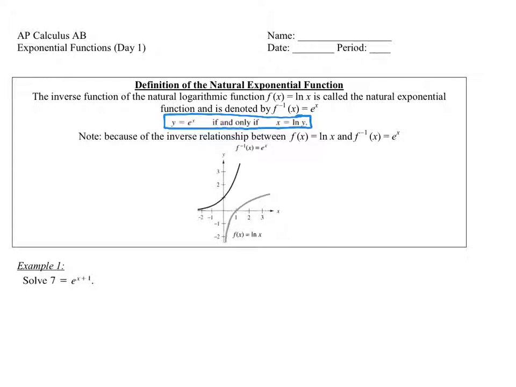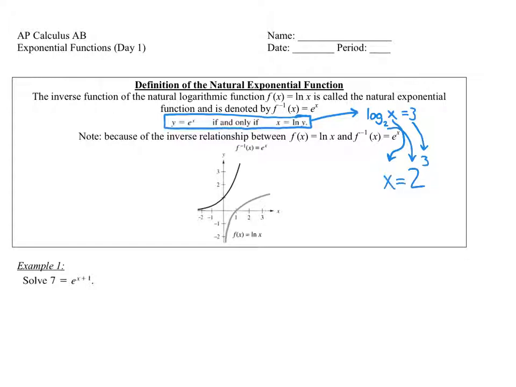You may have learned that back in your algebra classes. It's just rewriting an exponential as a logarithm or rewriting a logarithm as an exponential. And we know that applies to other bases as well. For example, when you had log base 2 of x equals 3, you would rewrite it where 2 is the base, 3 is the exponent, and the argument inside the log is what that equals.